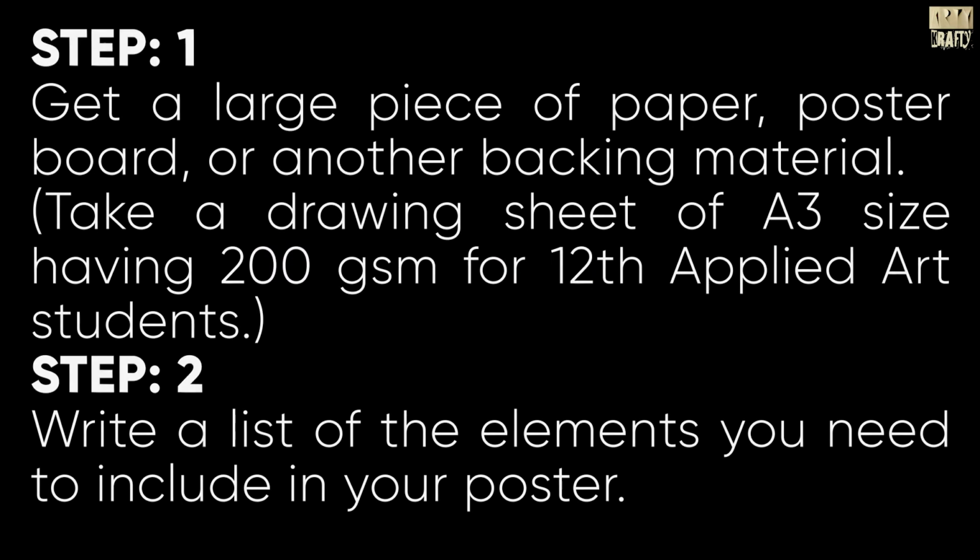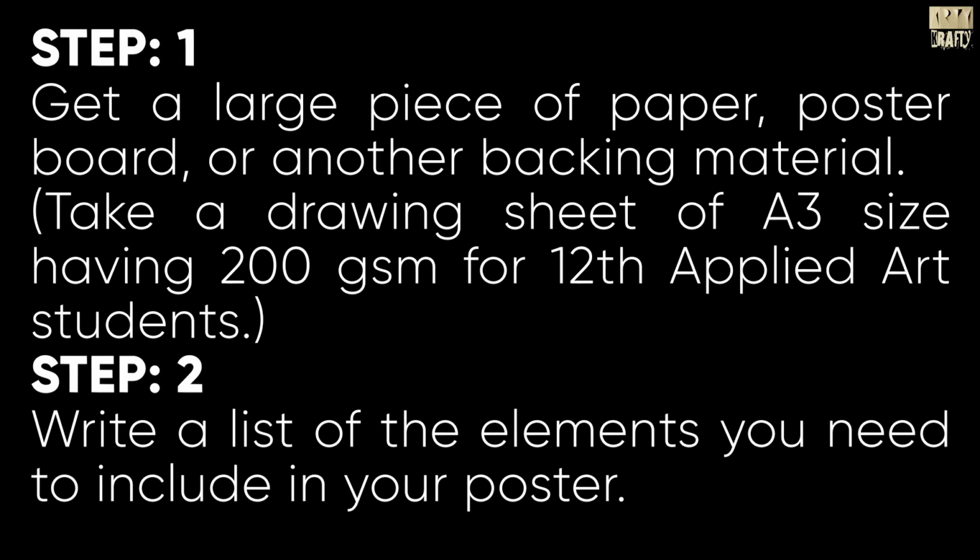There are basically 9 easy steps to make a poster. Step 1. Get a large piece of paper, poster board or another backing material. Take a drawing sheet of A3 size having 200 GSM for 12 applied art students.